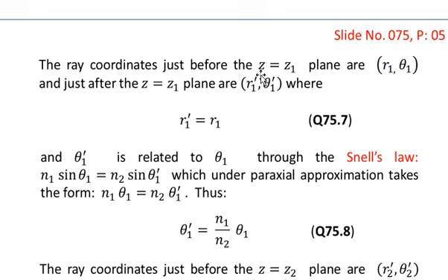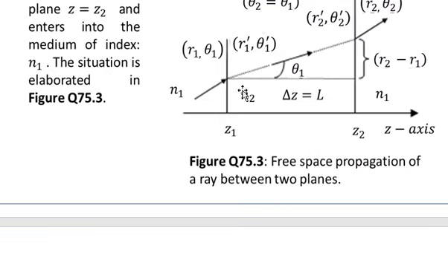The ray coordinates just before the z equal to z1 plane are r1 and theta 1, and just after the z equal to z1 plane, the coordinates of the ray are represented by r1 prime and theta 1 prime, where r1 prime is equal to r1, as you can see from the figure that they have the same height.